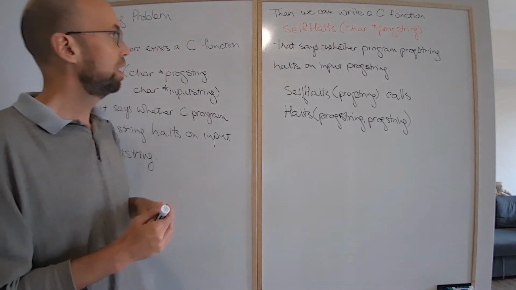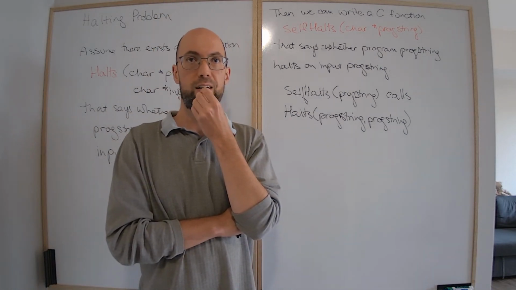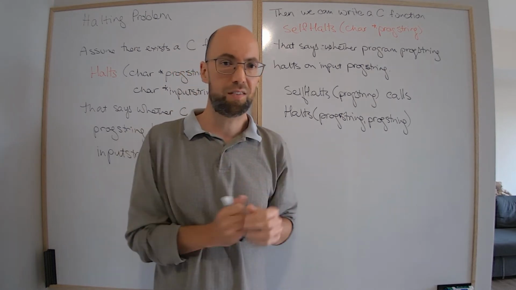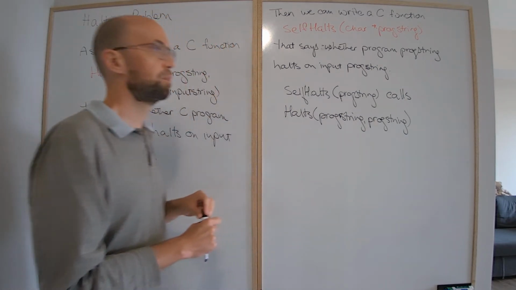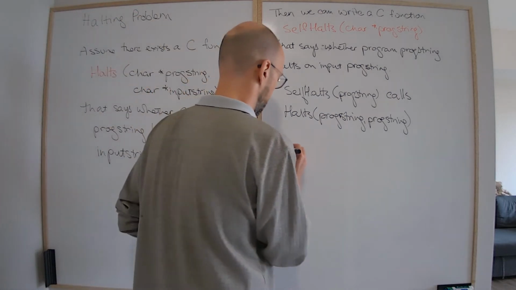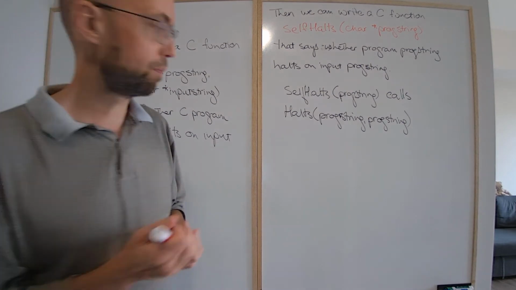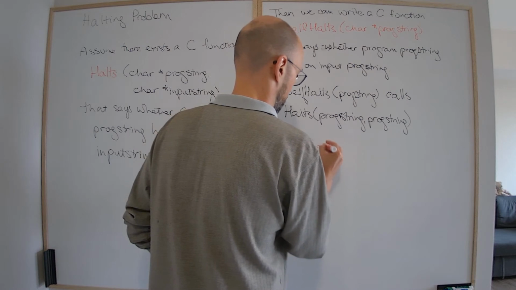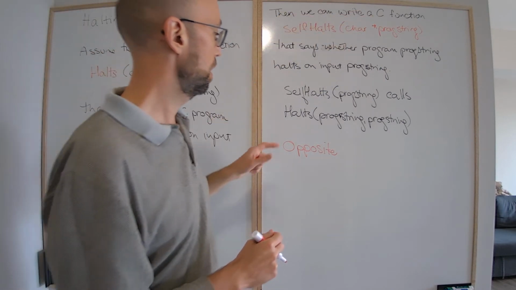So now, what we're going to do is write a, okay, this next step is a little bit trickier, so we're going to write a program called, let's call it opposite. Let's write this in red. So self-halts is a C function.